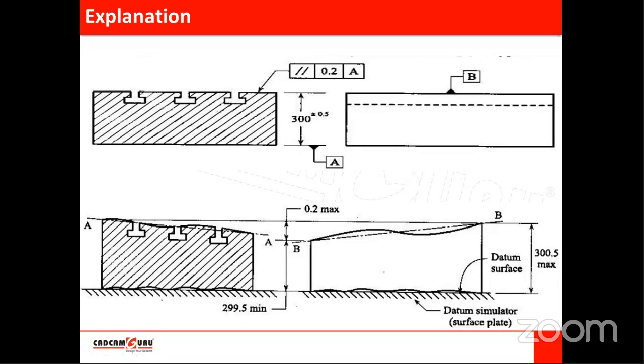This explanation is quite similar to flatness, but it is with respect to the datum. This is the only difference. Here you can see the datum feature simulator. This is the surface plate on which this component is mounted.